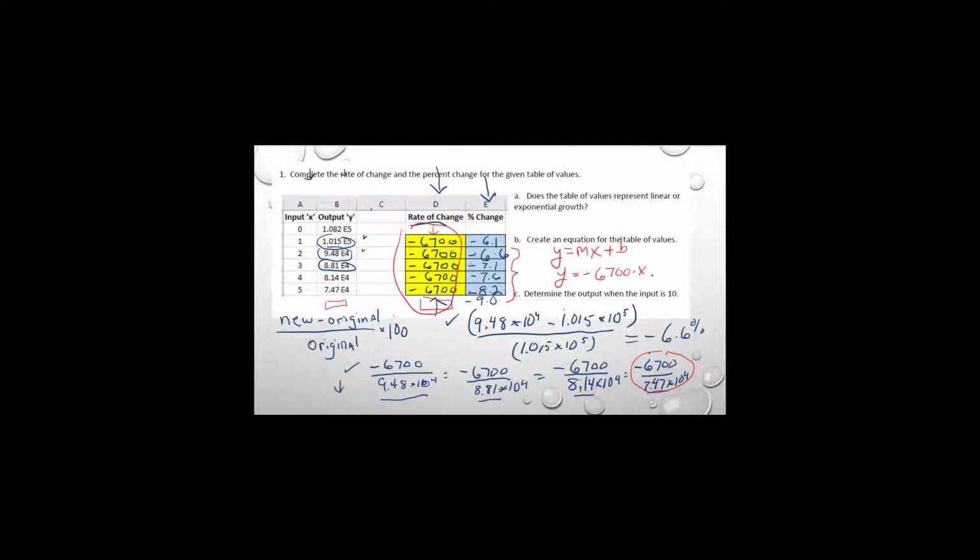What's the starting value? The starting value is right here. It's when the input is 0. It's the initial value. So that's going to be plus 1.082. I'm just going to stay with the e to the 5 so I don't run out of space.